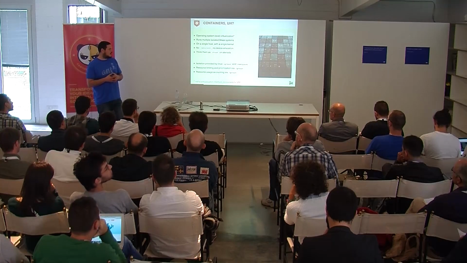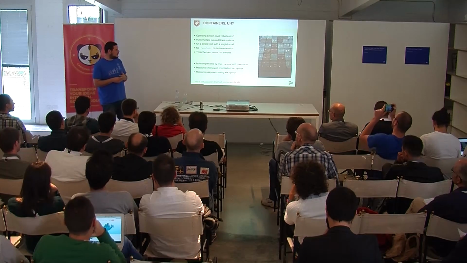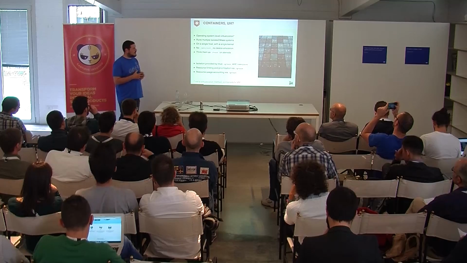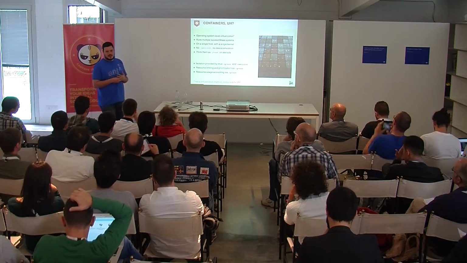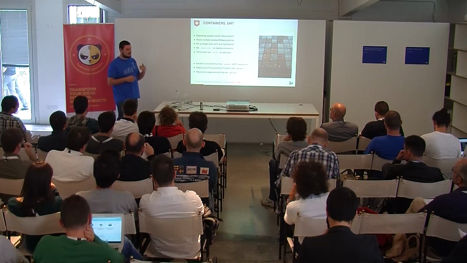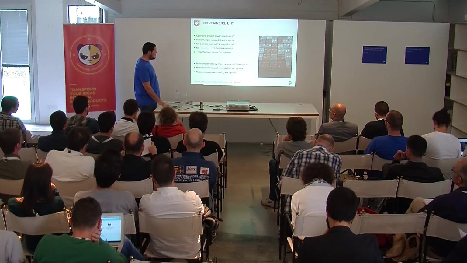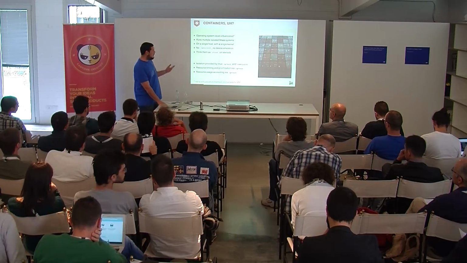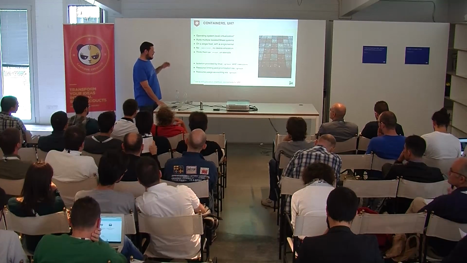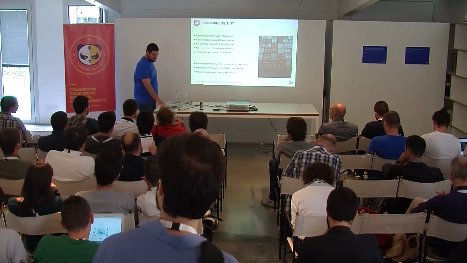You can do resource accounting, which is really good for monitoring, and that's it. It's basically like zones on Solaris or jails on FreeBSD. The thing about this slide is that containers are not VMs, really.